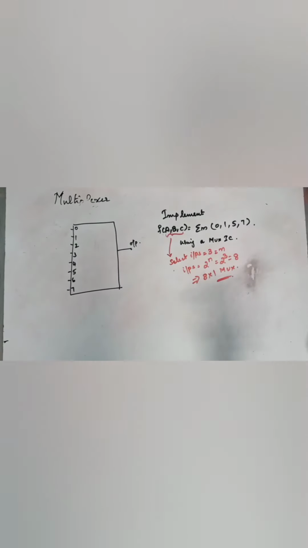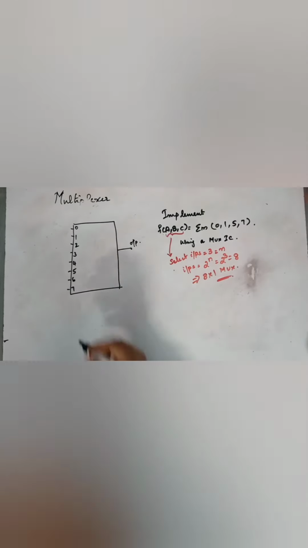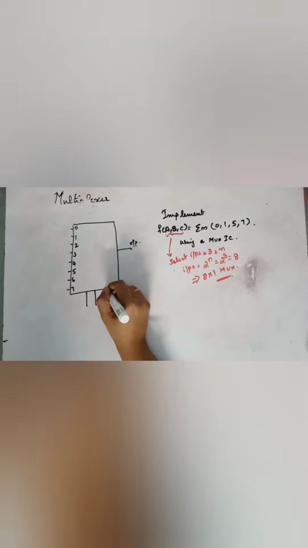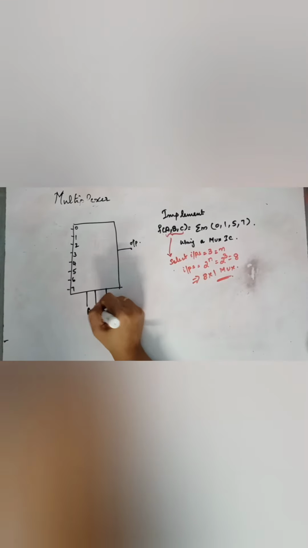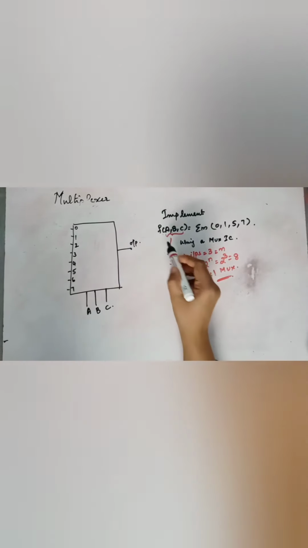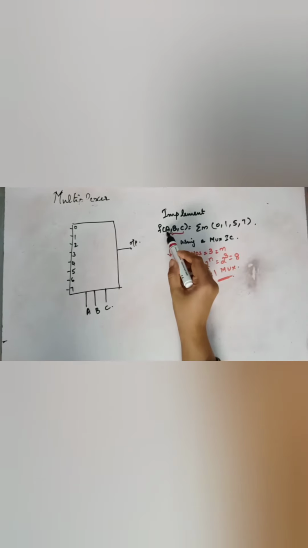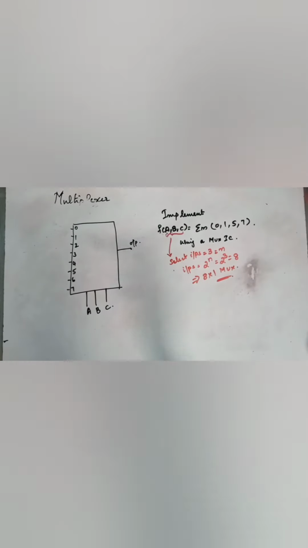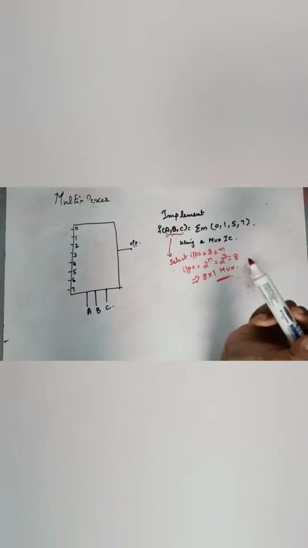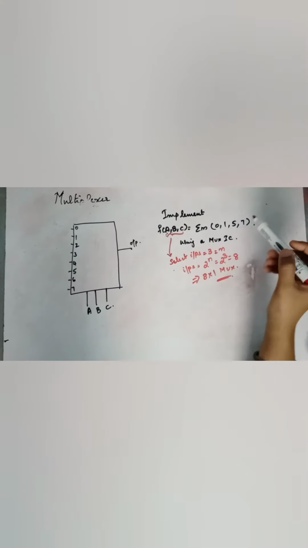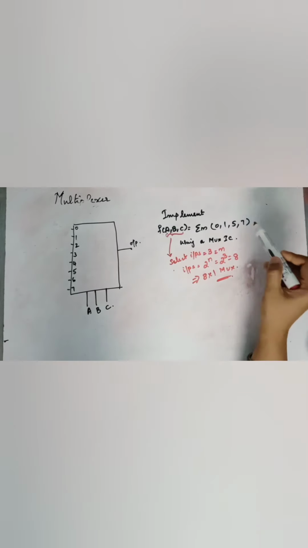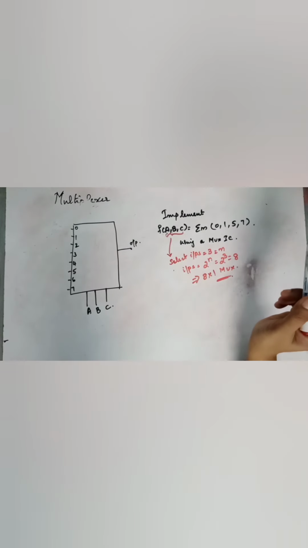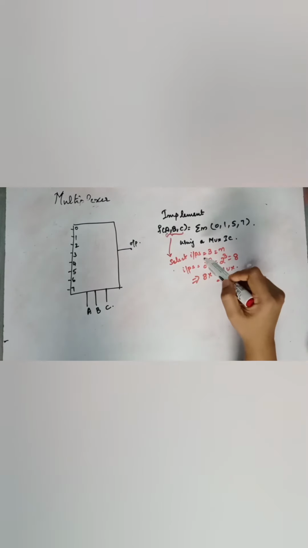So what should I give to the inputs? My select inputs are A, B, C. You should write it like this itself, whatever is here. Here A is the MSB. So how will you connect the inputs? When select input is 0, 1, 5, 7, my output should be 1. So you can write the truth table.